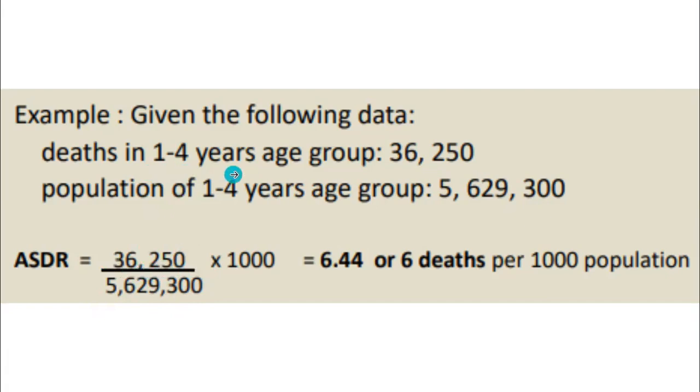The age group is 1 to 4 years of age. And then we compare it with the total population of the 1 to 4 years of age, which is 5 million. We multiply it with a factor of 1,000. We get now an age-specific death rate or mortality rate of 6.44, or 6 deaths per 1,000 population.